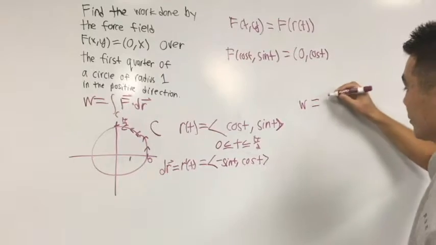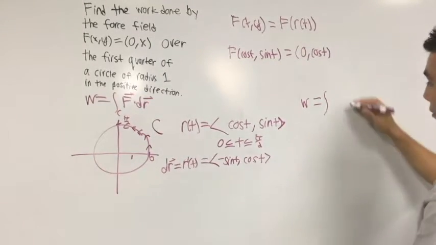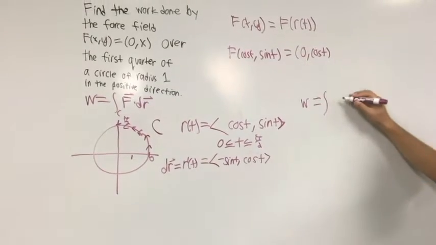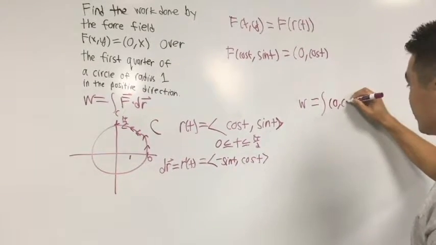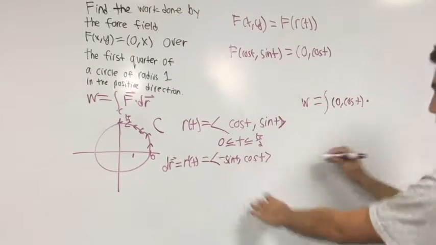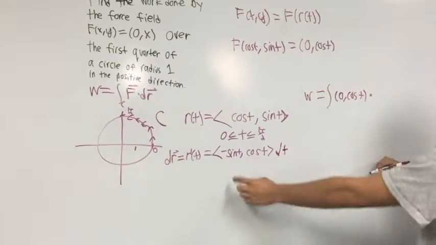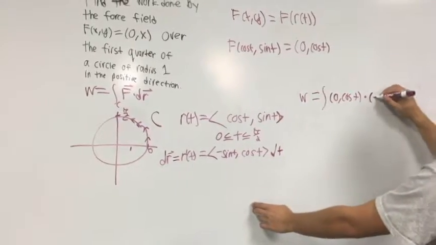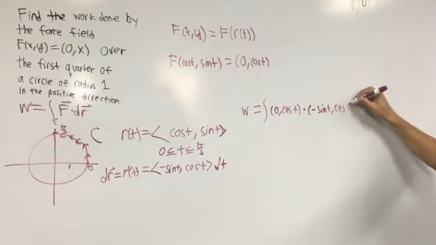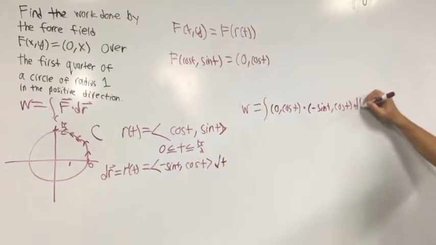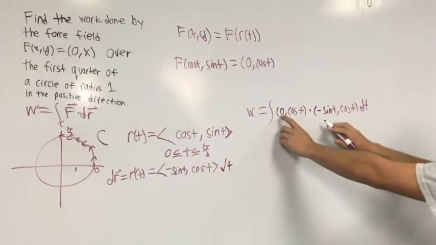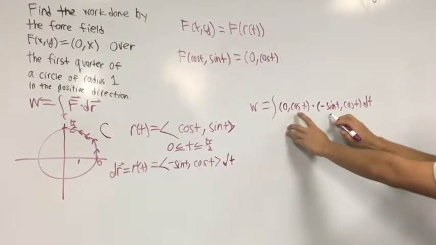Work equals the integral of f, which is 0, comma cosine of t, dotted with dr, which is negative sine of t, cosine of t, dt. Now, to take this dot product, it's this times this plus this times this.